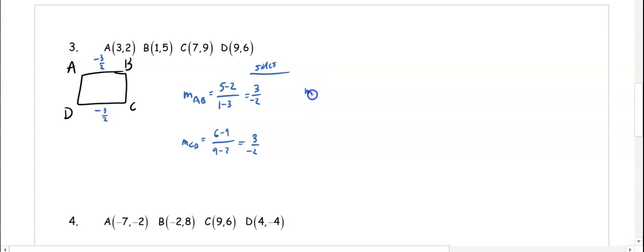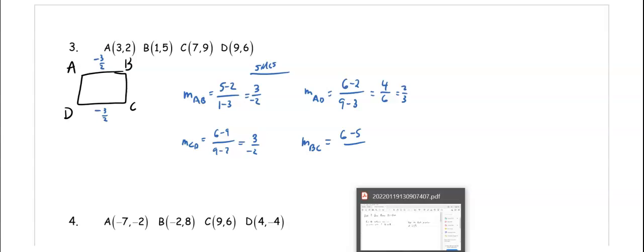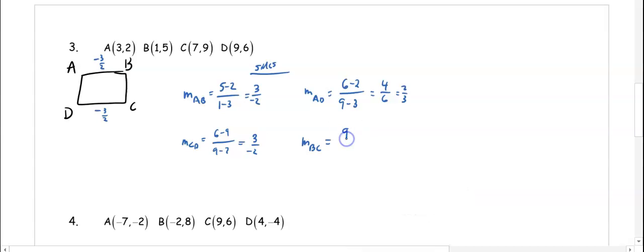Now we're going to find the slopes of AD and BC, the other two opposite sides. So we have 6 minus 2 over 9 minus 3. That gets us 4/6, which reduces to 2/3. The slope for BC is 9 minus 5 over 7 minus 1, which gets us 4/6, which reduces to 2/3.